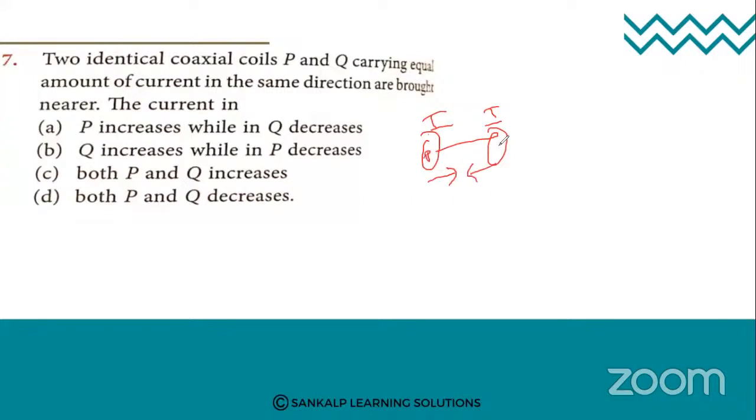So consider this as P and this as Q. The current in P increases while in Q decreases. Q increases while in P decreases. Both P and Q increase. Both P and Q decrease.